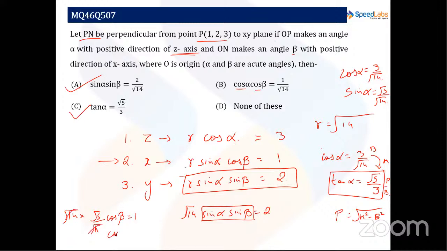So cos beta is 1 by root 5. So cos alpha into cos beta, 3 by root 14 into 1 by root 5, is not equal to 1 by root 14. So B is not the correct option. Clear? Moving to the next question.